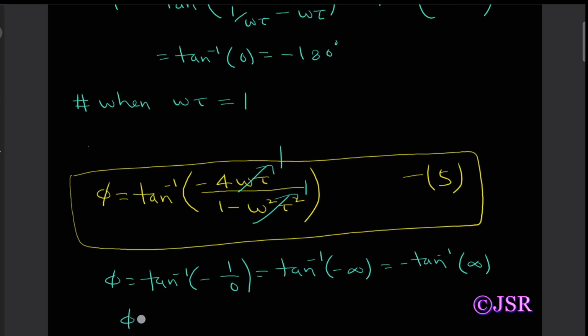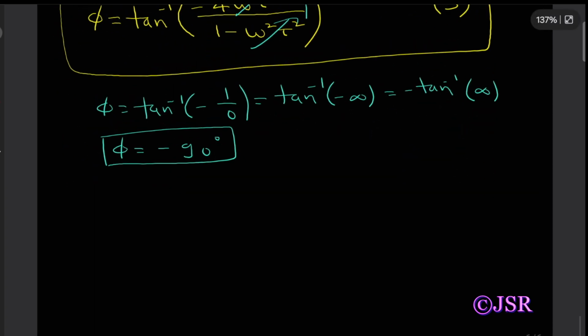So phi will be equal to minus 90 degree. So this is the phase shift when omega tau is equal to 1. So using this information, now we can plot the gain plot as well as phase plot.